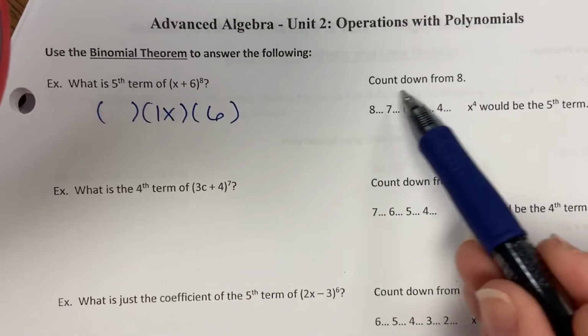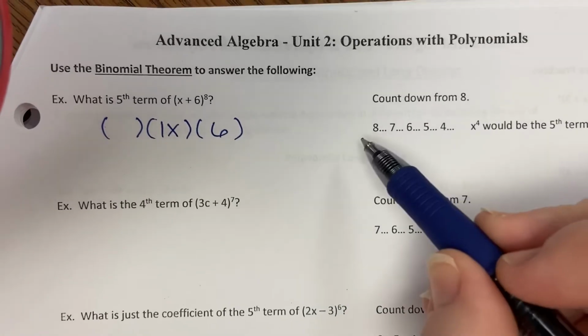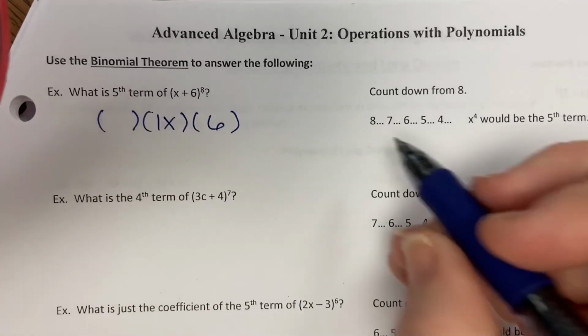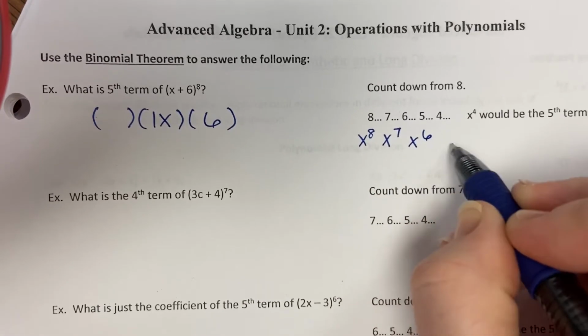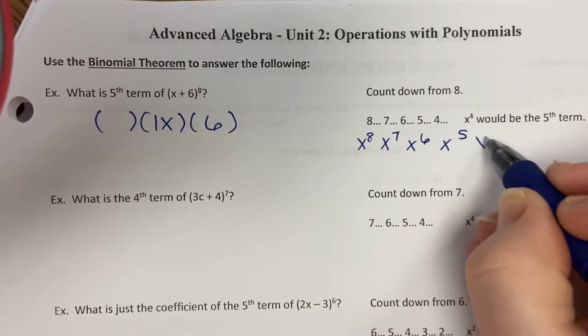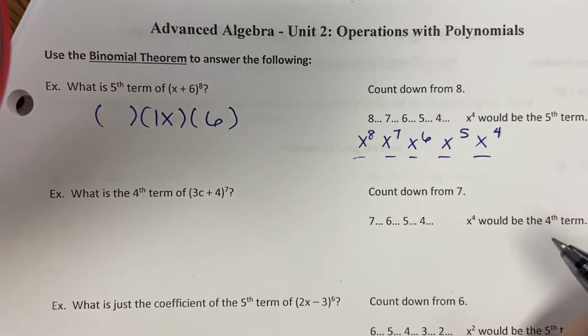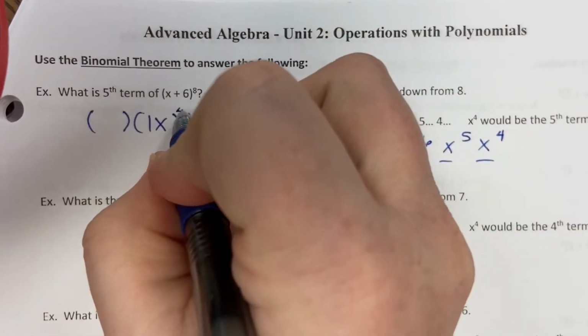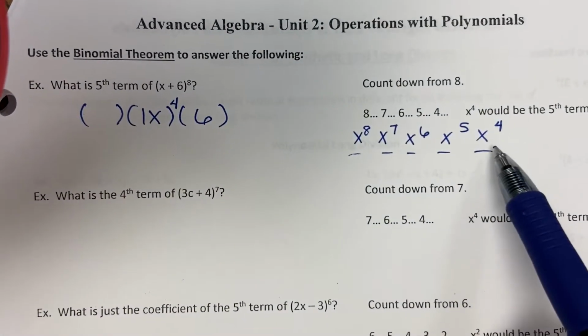This is where you have to count down. Where would you be? I would start with x to the 8. So x to the 8, x to the 7, x to the 6, x to the 5, x to the what? 4. 1, 2, 3, 4, fifth term, right? So this would be the fourth power, only because when you count down, that would be the fifth term.